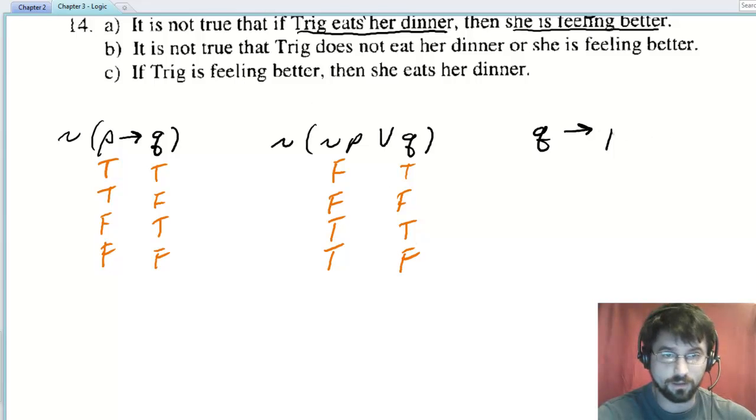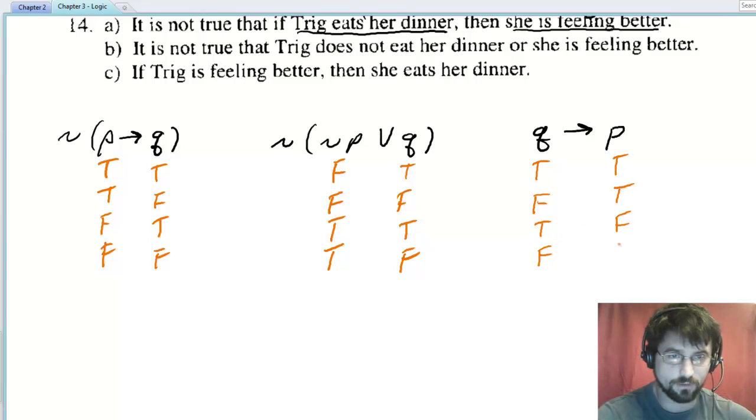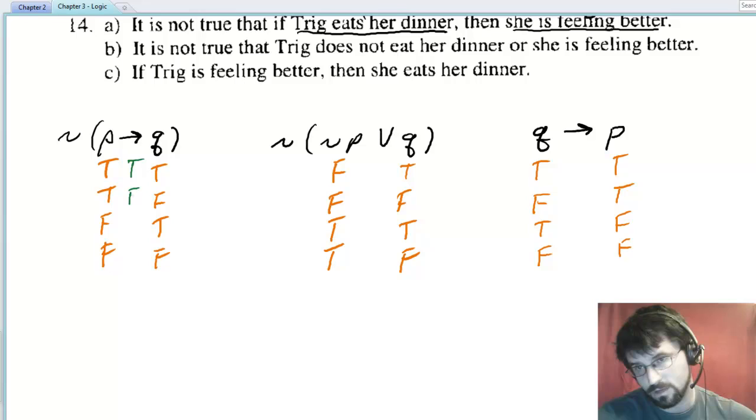This is a P. This would be true, false, true, false, true, true, false, false. And then I'd just go through and I'd figure it out. And when you do, you'll get this as your answer.